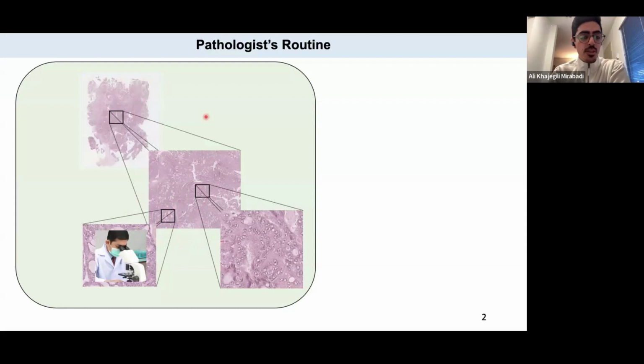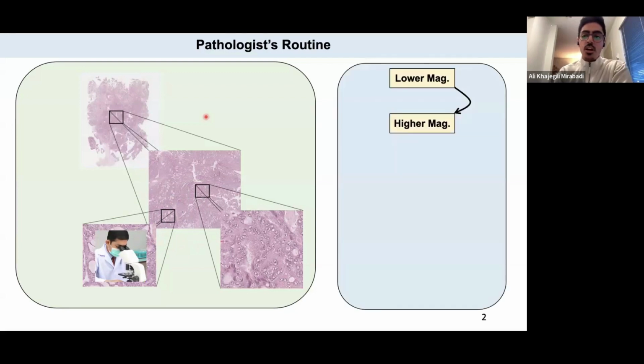So there have been a lot of works in this direction, mostly single magnification and some works on multi-magnification. But generally the idea is that doctors use lower magnification and higher magnification to diagnose, and vice versa.